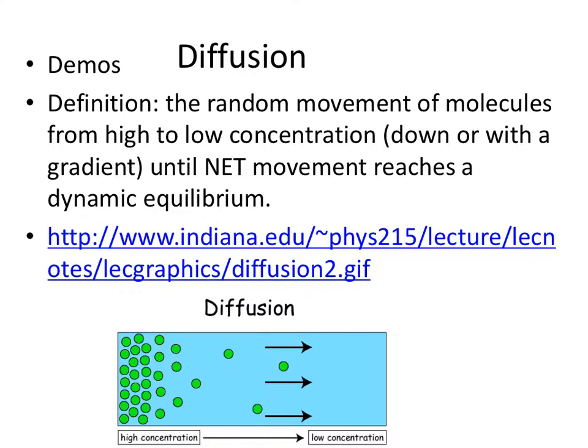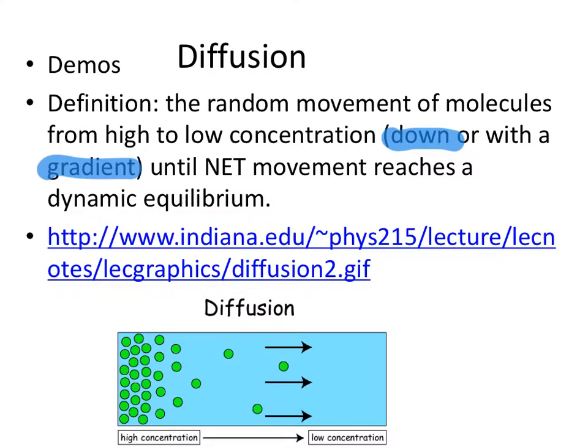You also hopefully saw that with the smelly balloon, the gas molecules of the extract permeated the room from high concentration to low concentration. And we call that down the gradient, down the concentration gradient. So from high to low, you're going down the hill.